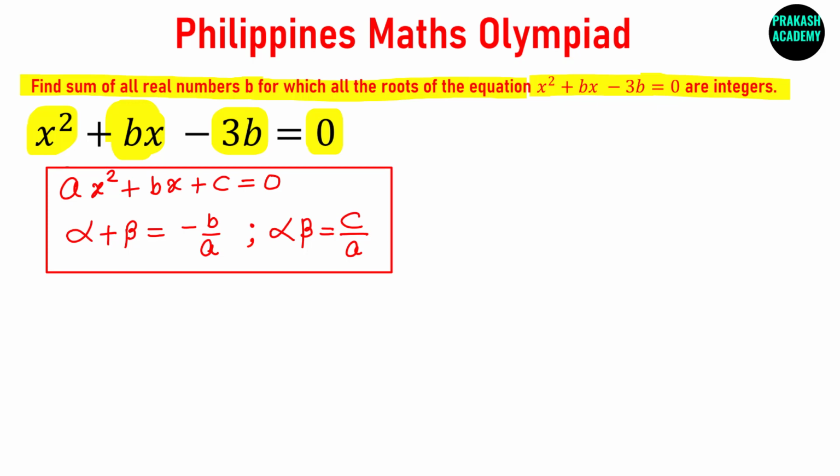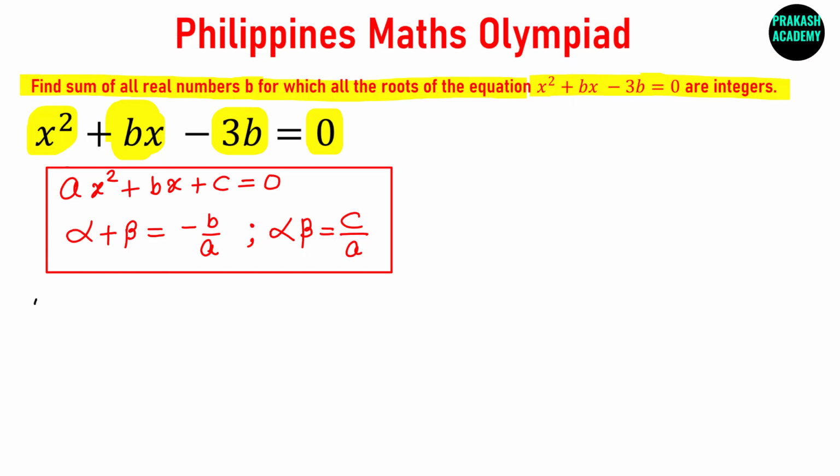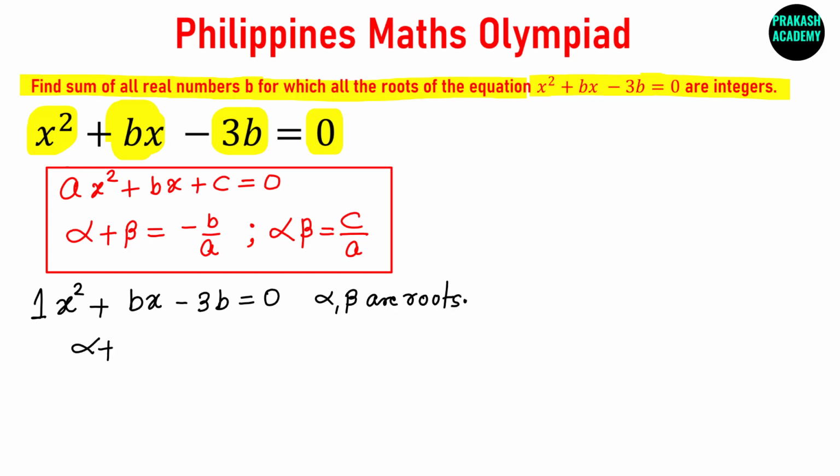Now in this problem, we basically have 1 times x square plus b times x minus 3b is equal to 0. Let alpha and beta be the roots. So we can say alpha plus beta is equal to minus b by a. In place of b, we have b, so this will be minus b, and in place of a we have 1.